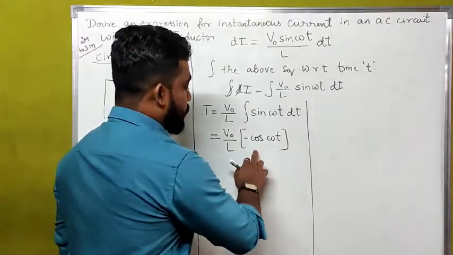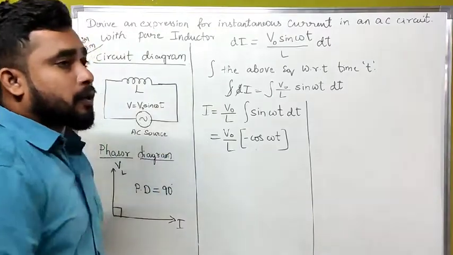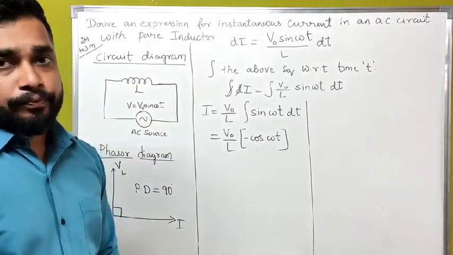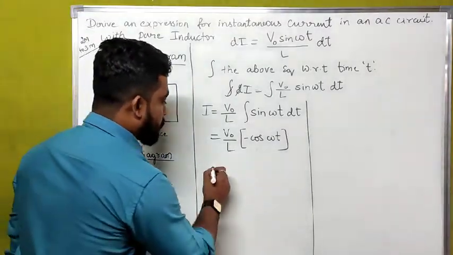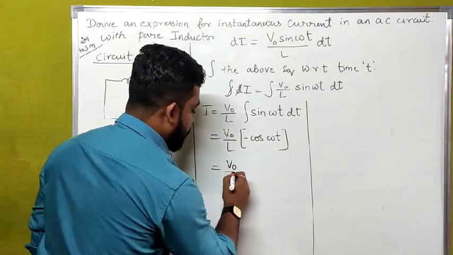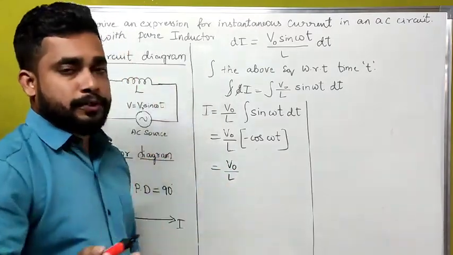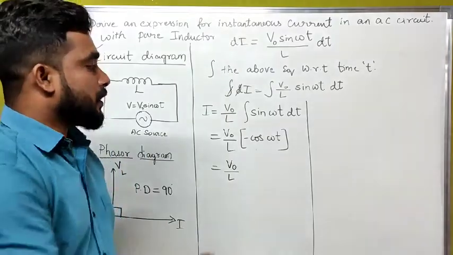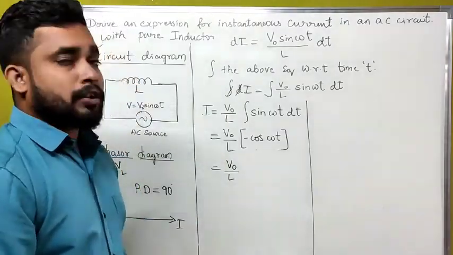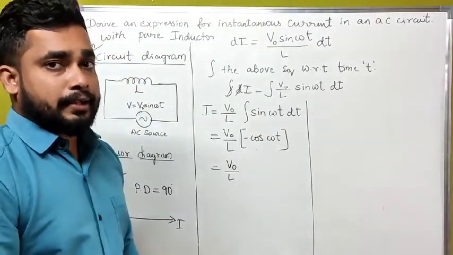But we know the expression for cos omega t. What is the expression for cos omega t? In our first PUC mathematics, we know some trigonometric allied angles.